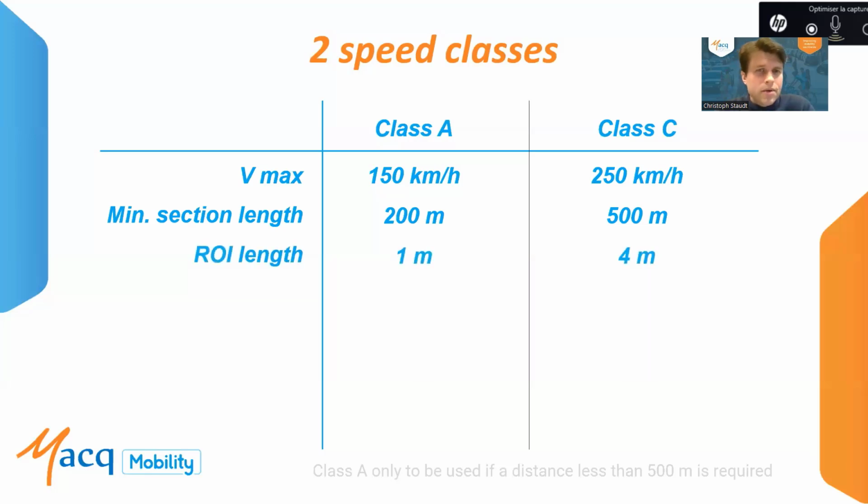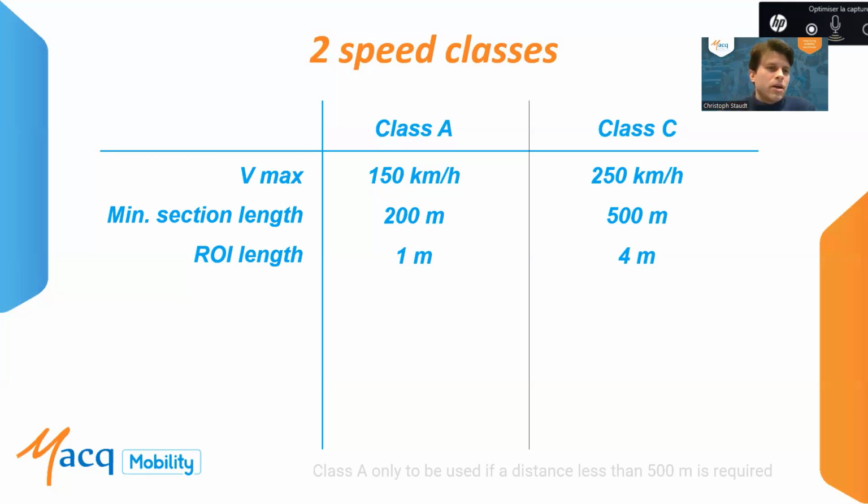Then the ROI length, as you can see, there is quite a difference because of course the section length is lower for class A. And so that means the ROI needs to be 1 meter. So the license plate of each vehicle needs to be captured within a distance of 1 meter.